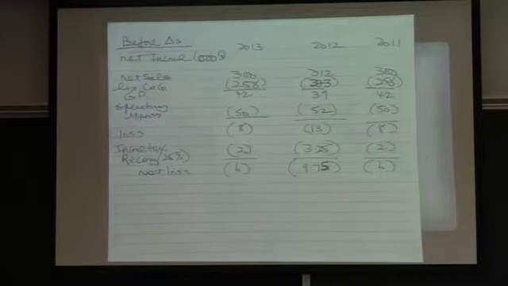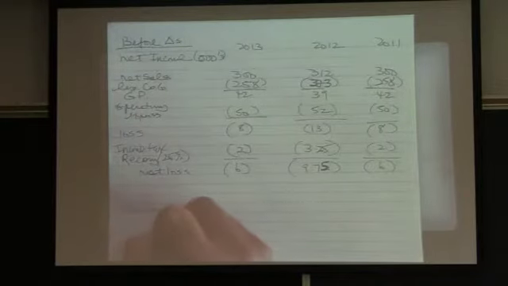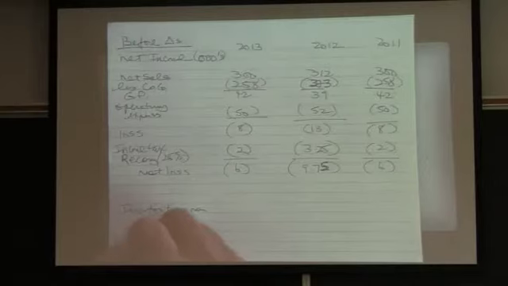So what's the calculation of turnover? Inventory turnover is cost of goods sold divided by average inventory.